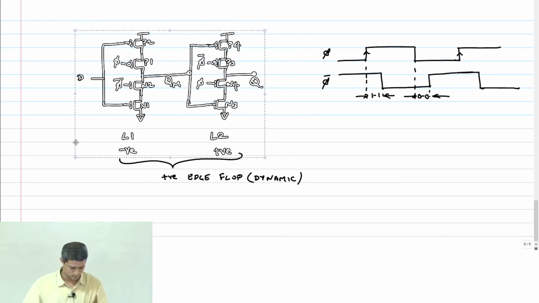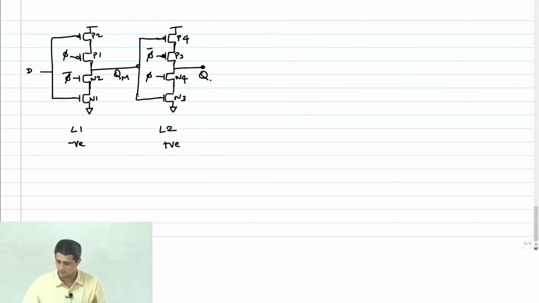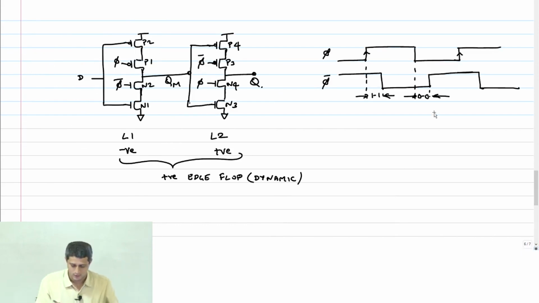So therefore, I am going to now remove these transistors from the path for the 0-0 overlap condition.